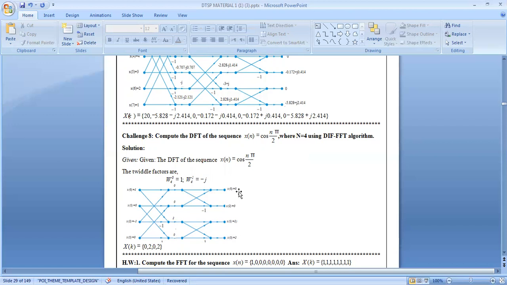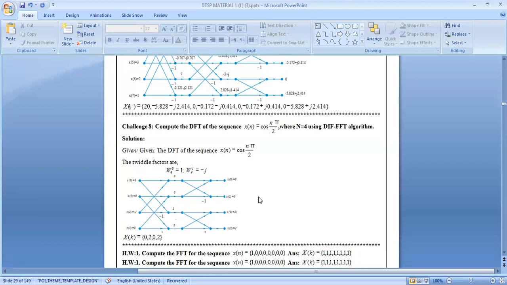We have to write this in the bit reverse order sequence. The bit reverse order is x of 0, x of 2, x of 1 and x of 3. So 0, 2 and 0, 2. This is the way to compute the DFT of the sequence using the DIF algorithm.